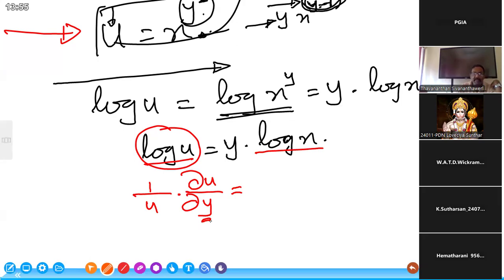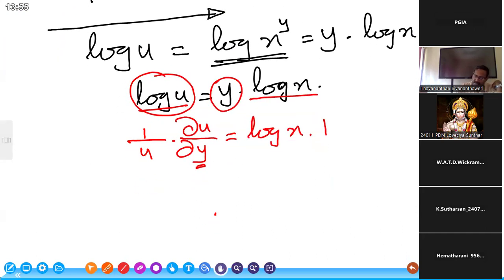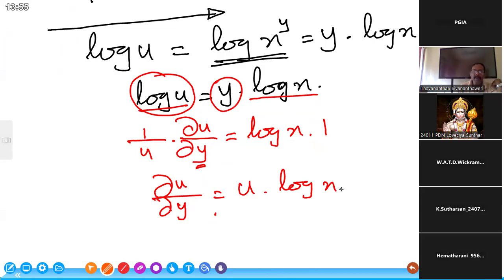Because we are differentiating with respect to y, log x will be treated as a constant. Differentiating y gives 1. So from this, ∂u by ∂y is equal to u into log x. We already know u. What is u from the function? u is equal to x to the power y, so ∂u by ∂y is x to the power y into log x. That is the answer.